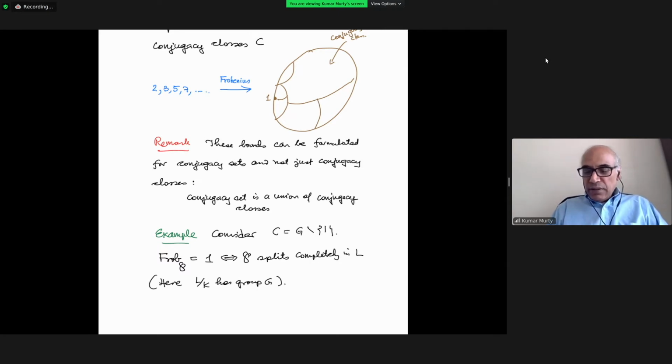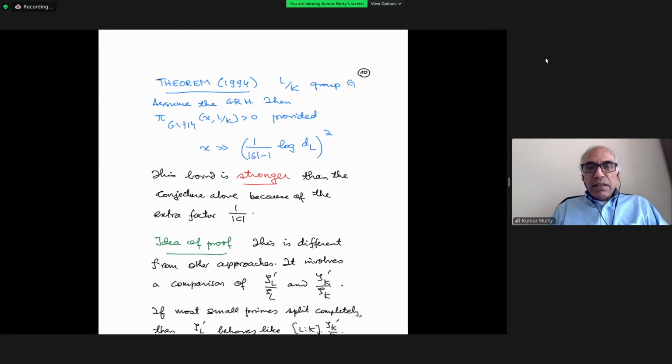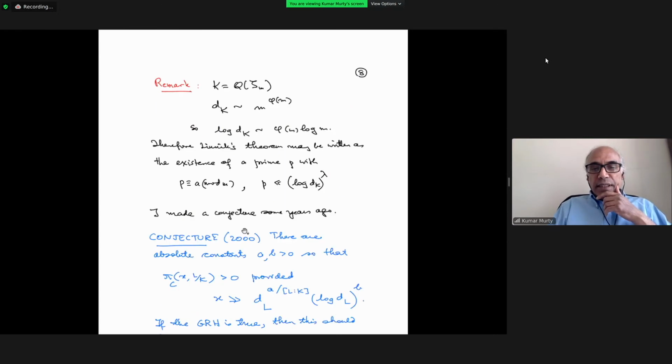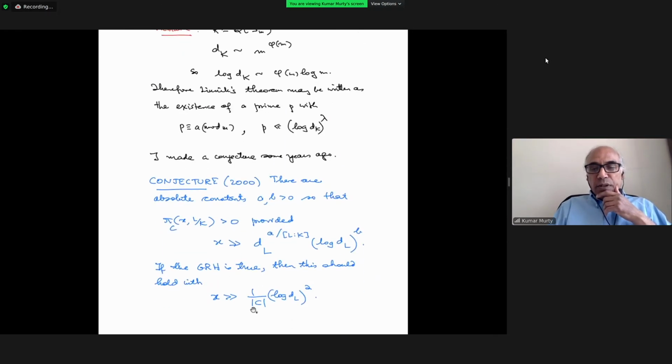Okay. Now, if you ask yourself this question, then a long time ago I showed the following, assuming the Riemann hypothesis, that you get a bound like this: log of the discriminant divided by the order of the group, all squared. In other words, you can find a prime that doesn't split completely as soon as you go beyond log of the discriminant divided by the group order, squared. So this is stronger than the conjecture I was making before. Here, I was making the conjecture that it's 1 over the size of the conjugacy class times log discriminant squared.